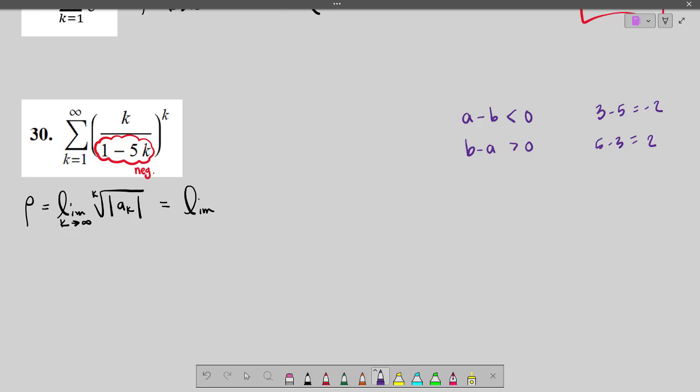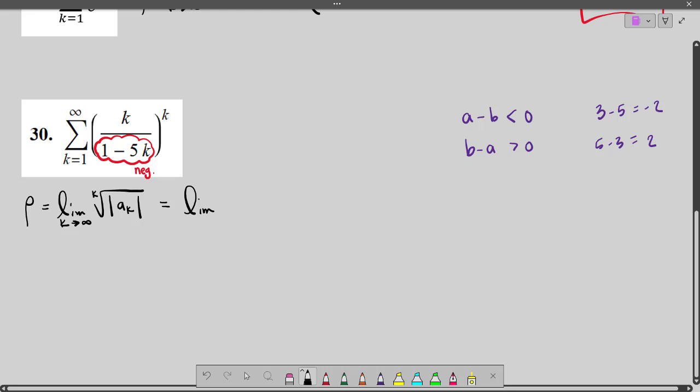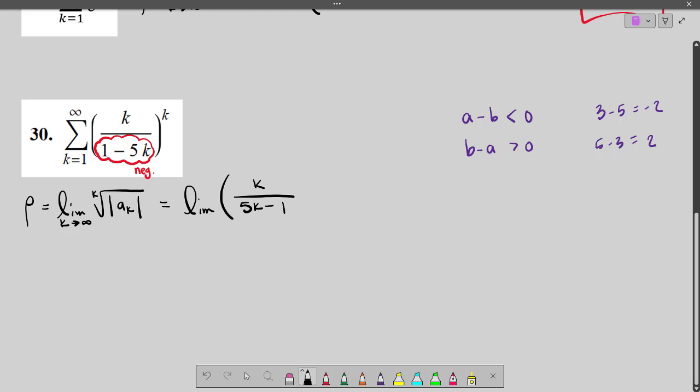So in here, the absolute value of a sub k, we can do that by just doing this. And then we're going to take the kth root of that. So let me get some brackets in there. The kth root of all that. The absolute value here is a little subtle, but we can get to it pretty easily by using this logic right there.